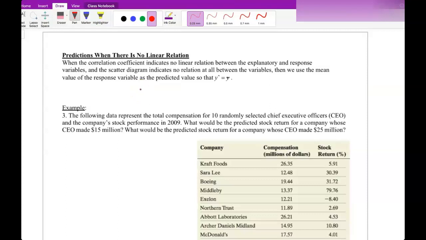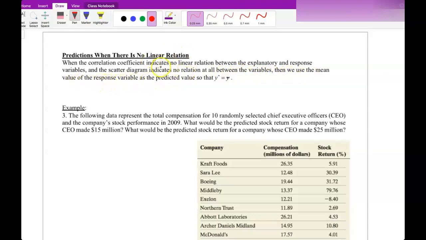If that one was greater than the critical value, then we can say we do have a linear relation. If not, there's no linear relation. And so when the correlation coefficient indicates no linear relation between the explanatory and response variables, and the scatter diagram indicates no relation at all between the variables, then we use the mean value of the response variable.